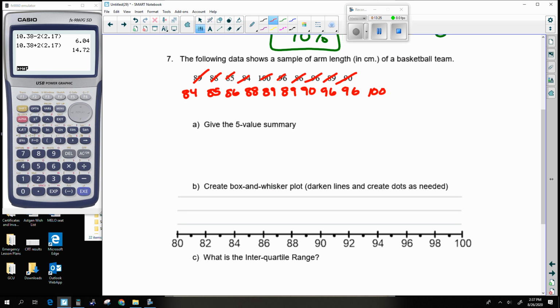All right, so 1, 2, 3, 4, 5, 6, 7, 8, 9, 10. Yes, 10 numbers.